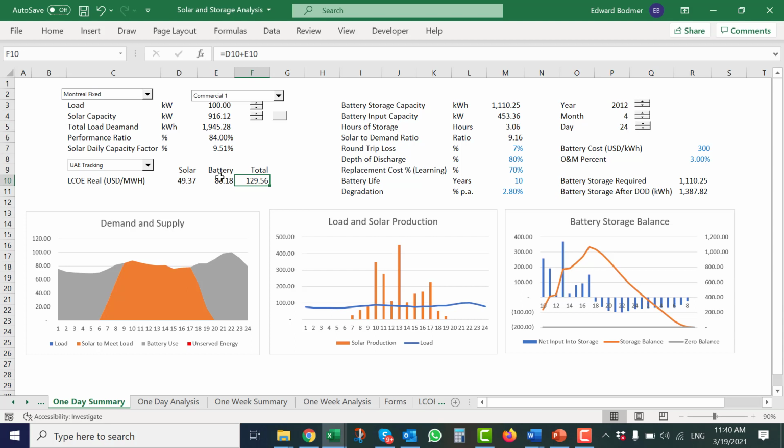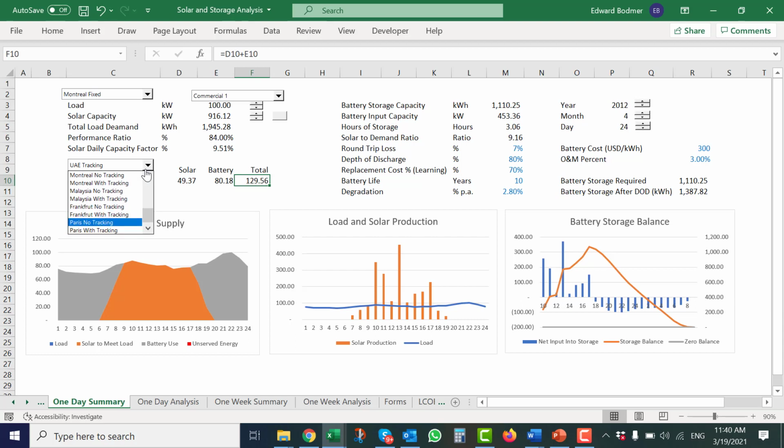It might not be, actually. So we have to put in a whole bunch of extra solar panels just to meet our load. Again, if I go back, oops, I didn't do this right because I forgot to use the location.